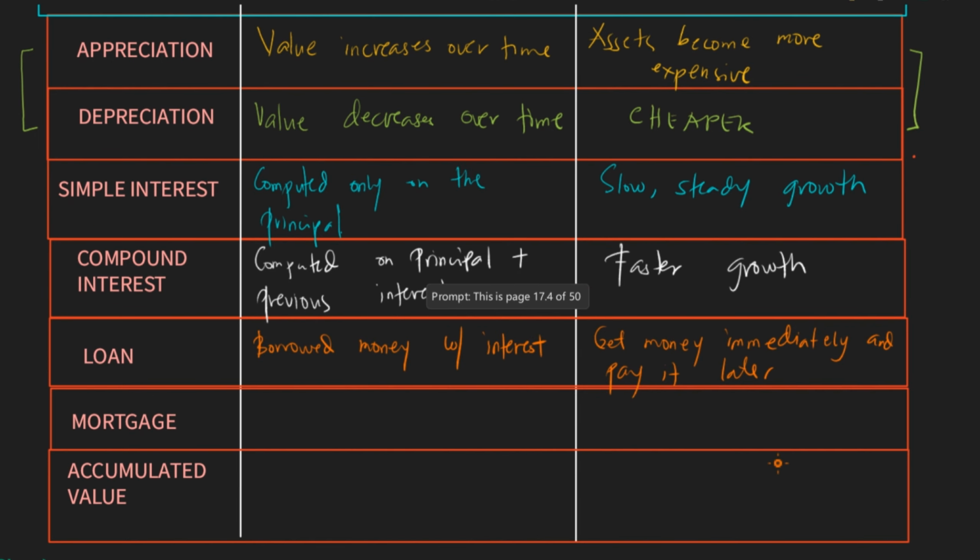Now, what about mortgage? For mortgage, it is a kind of loan where you are going to buy a house or a land. It's a type of loan. You can own property, but it will serve as your collateral.